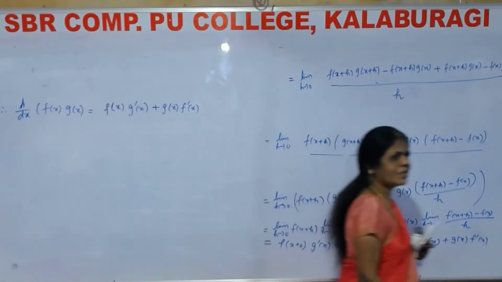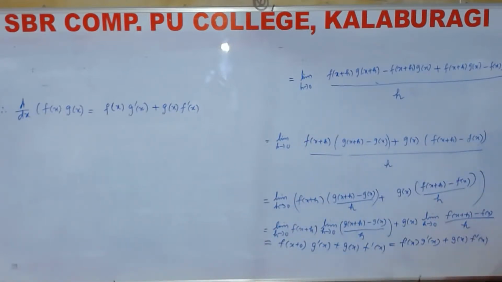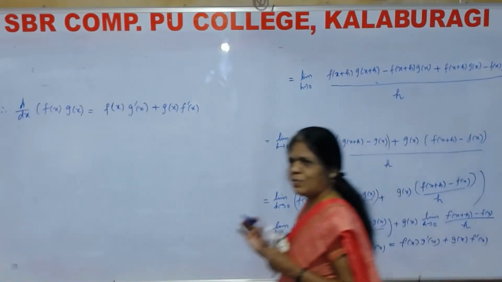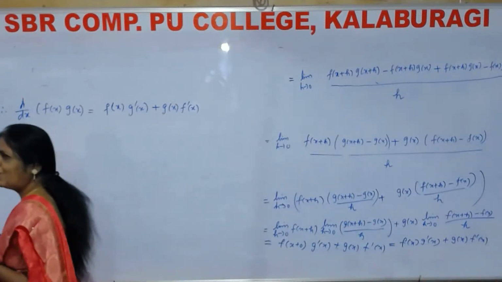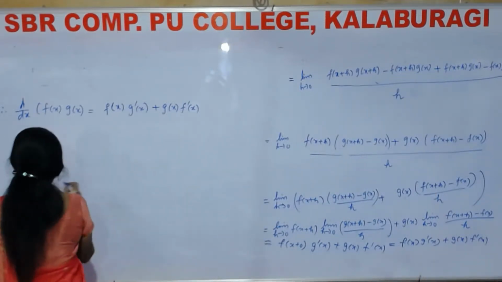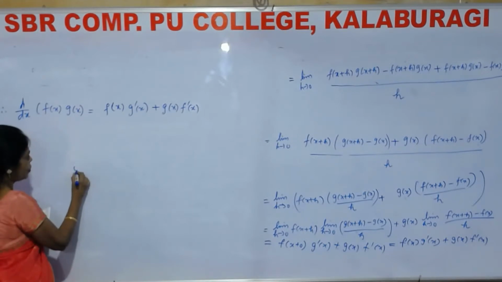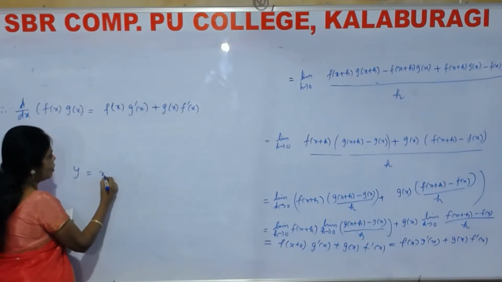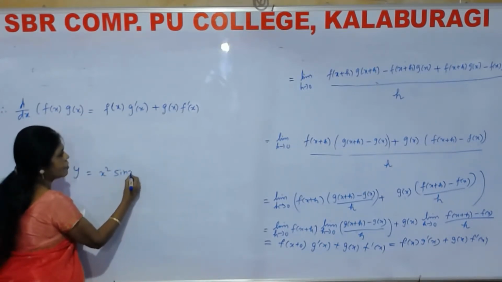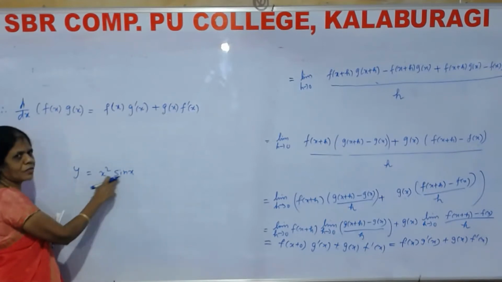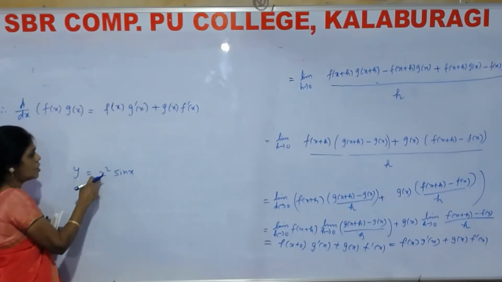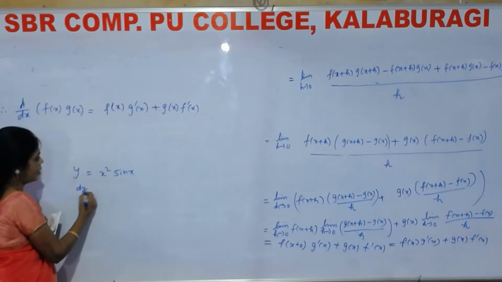Any doubts, students? What is the meaning of this? Two variable terms. Will you listen one minute? Let me take y equal to x square sin x. This is f of x and this is g of x. First, how will you differentiate?